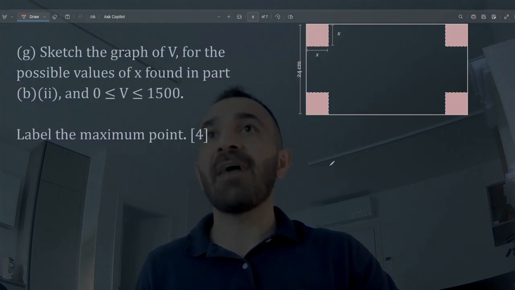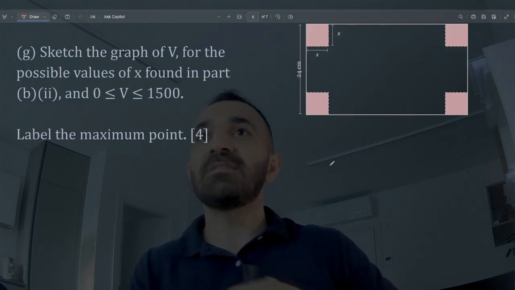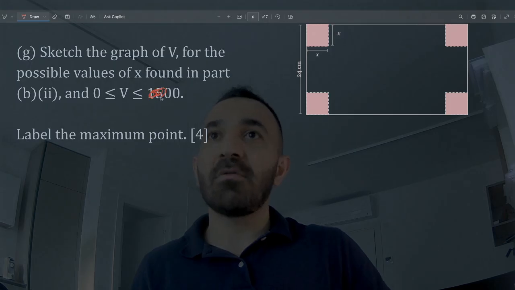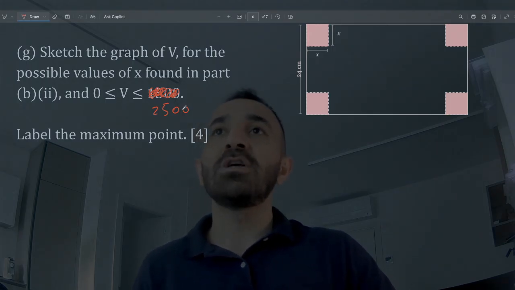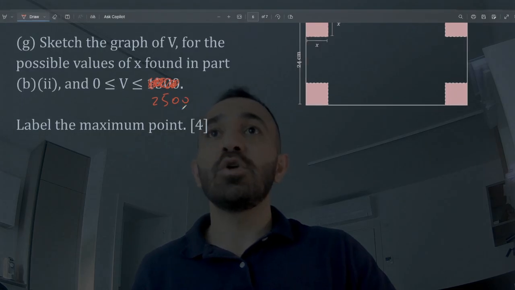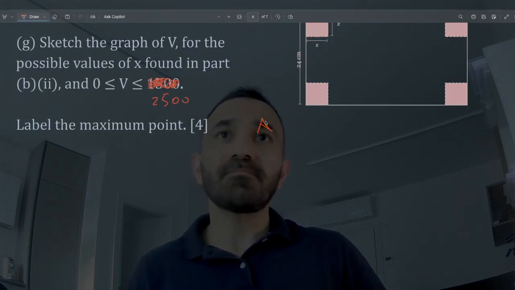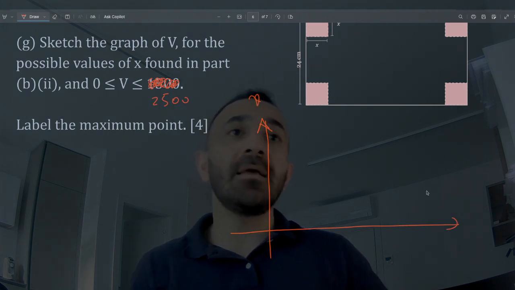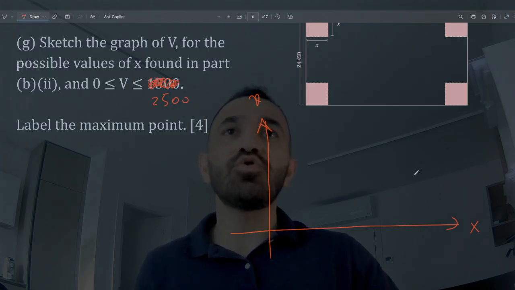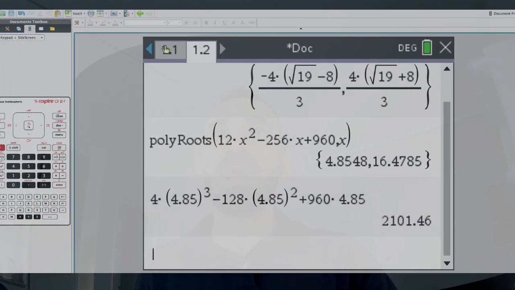Can you go and graph it when v is between 0 and, let's say, 2500? So let's go and graph your main function. I'm going to graph v based on x. It's a good question to practice graphing.